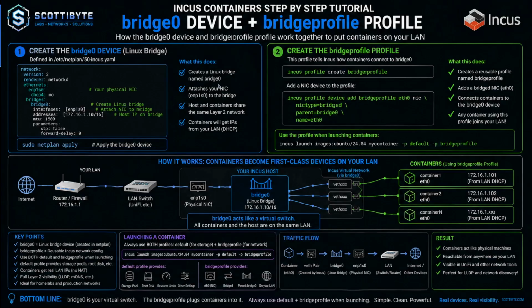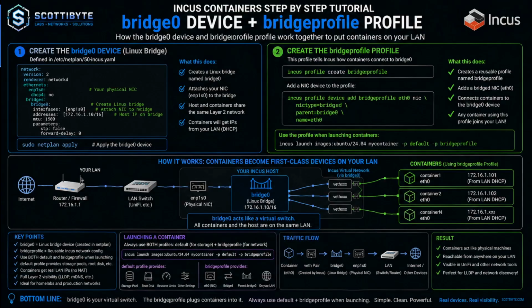And we do that by not only running Netplan to create the bridge0 device, but we also create an Incus profile by the name of bridge profile, and that bridge profile uses that bridge0 software switch in order to allow multiple containers to act as separate systems on the same connection. And so that kind of looks like this.